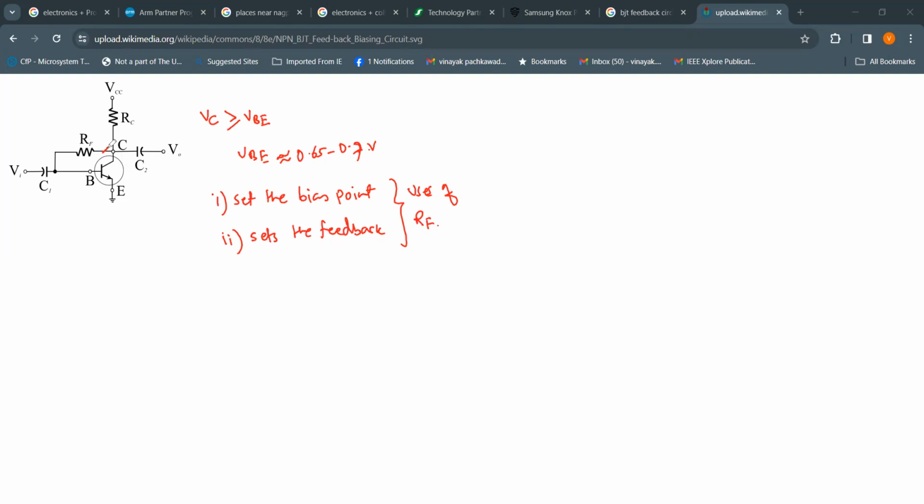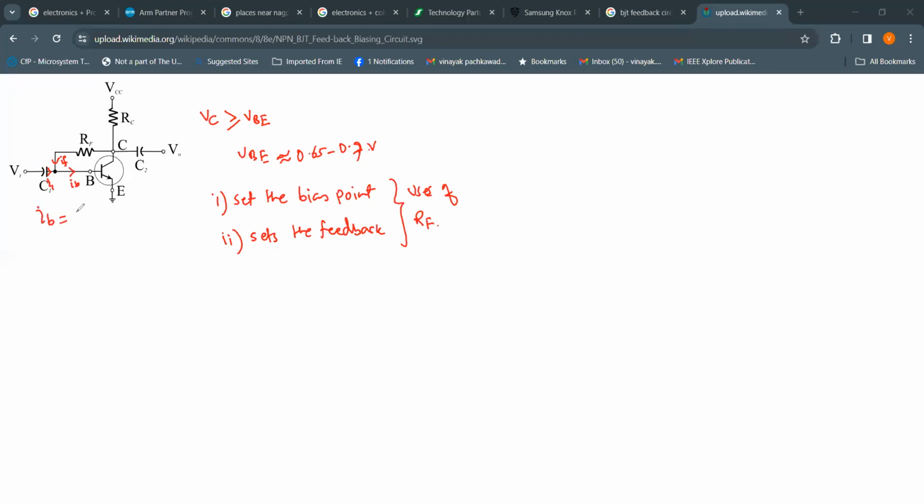Now there is a feedback. It means we are sensing the voltage at the collector pin, and using the resistor RF, we are converting that to the current IF. That IF comes here and sums with the input current, and therefore the current IB comes here. So we can write the expression here. Let's say this is I1, this is IF, and this is IB.